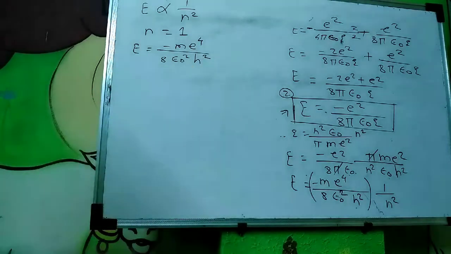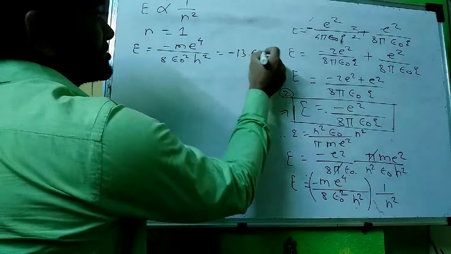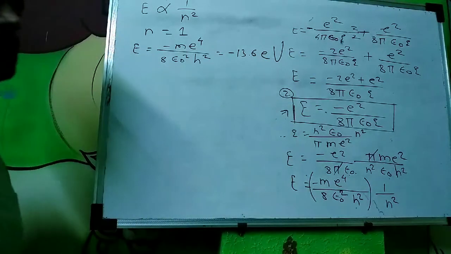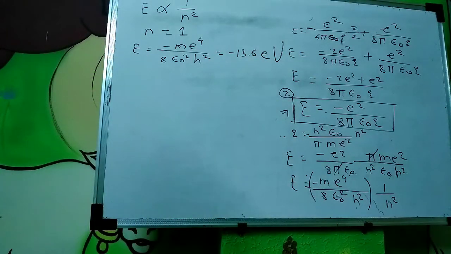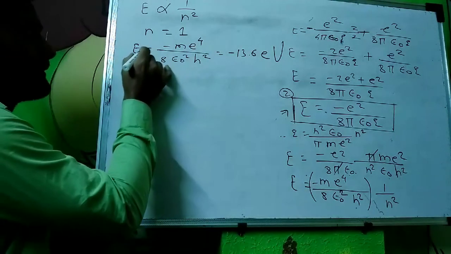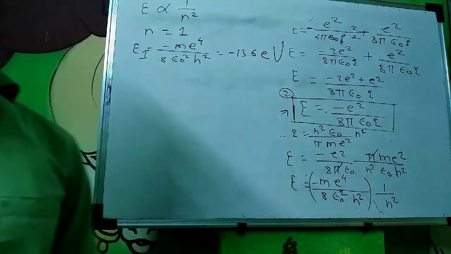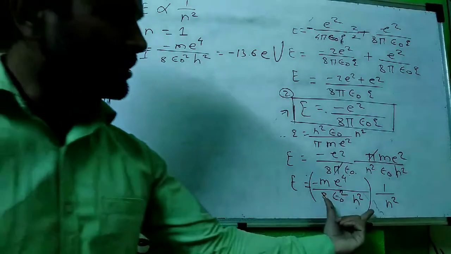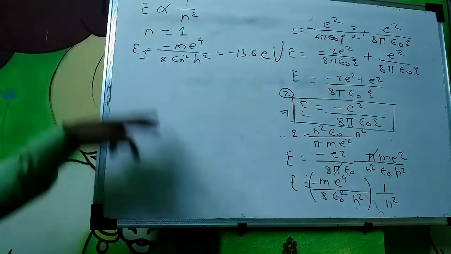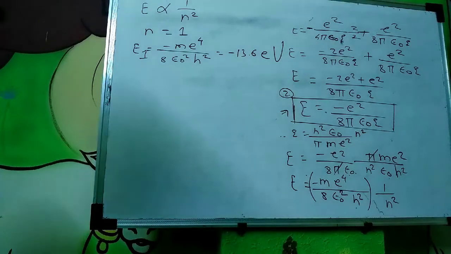So everything is constant. If we solve this term, then what value do we have? We have minus 13.6 electron volt. So this is the energy of the first orbit. So in the formula of total energy of the electron, instead of writing the bracket, we can write the value of the bracket as minus 13.6 electron volt.